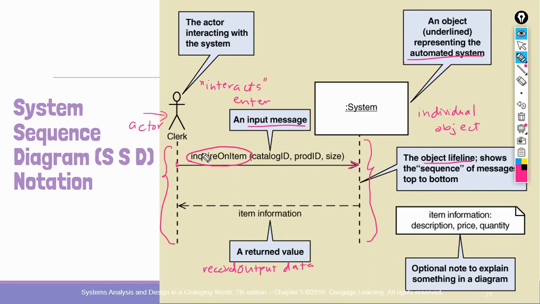So remember that the arrows are used to represent a message and input data. But what is meant by the term message here? In a sequence diagram, a message is an action that is invoked on a destination object, much like a command.